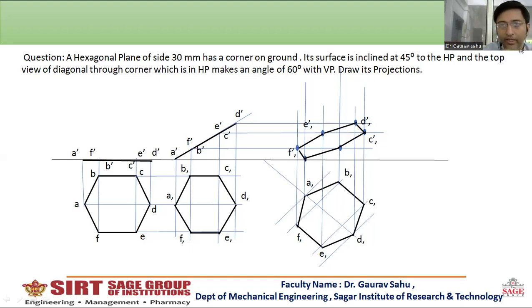So a surface is at 45 degrees to HP like that, and after placing the front and top views, we have to select the diagonal which passes through the corner, and then tilt that diagonal in the requisite manner.